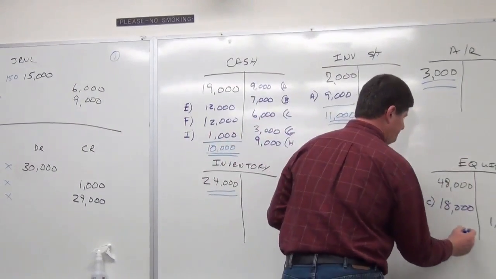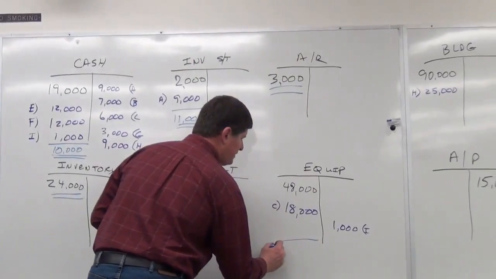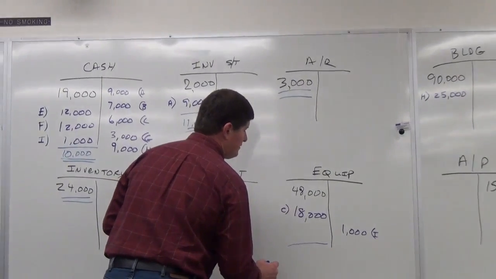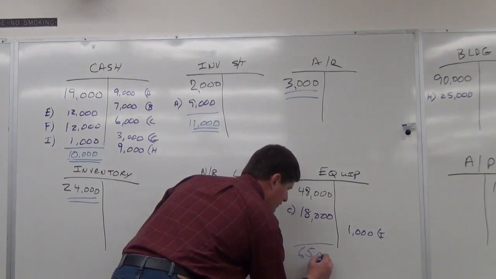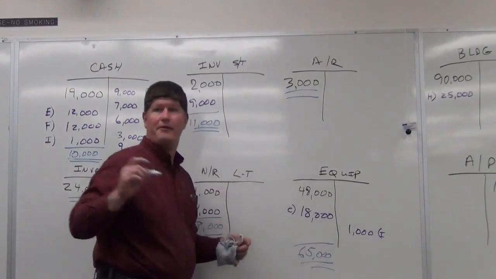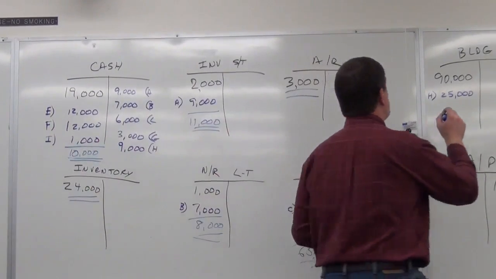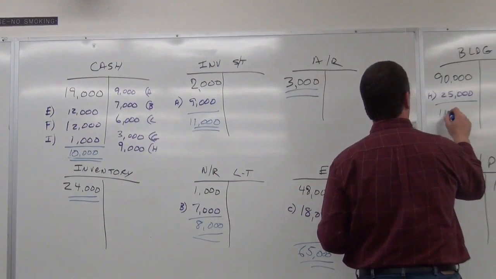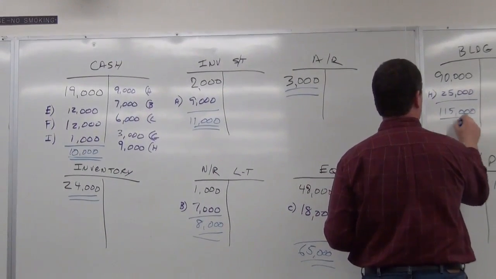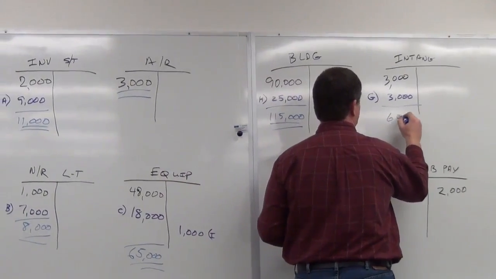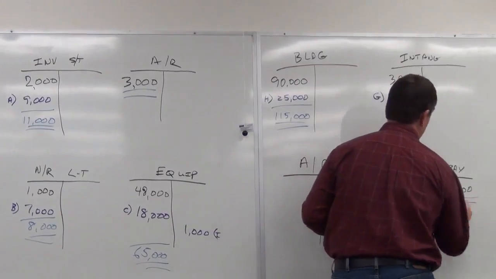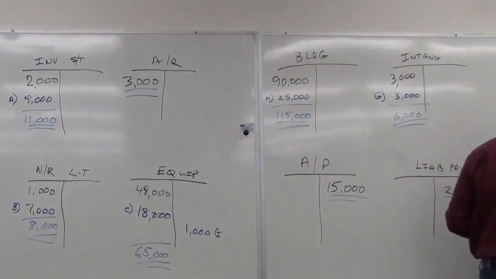Okay, so equipment. 48 plus 18 is 66 minus 1 is 65. Good? My math is okay here? Building is 115,000 debit. Accounts payable didn't change. Intangibles is 6,000 debit. Liabilities payable stays the same.